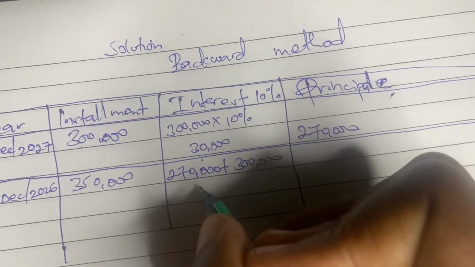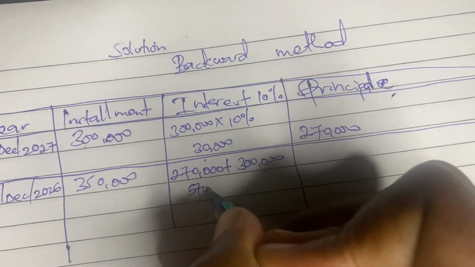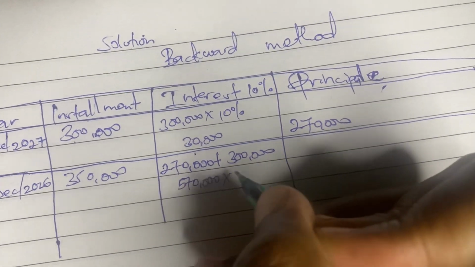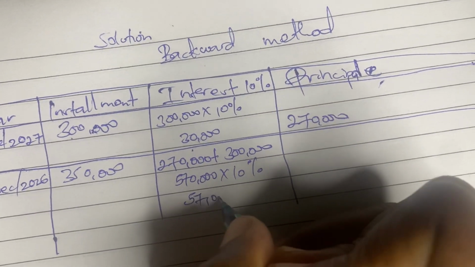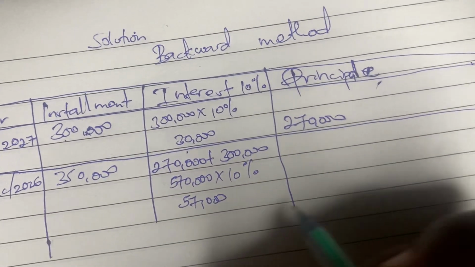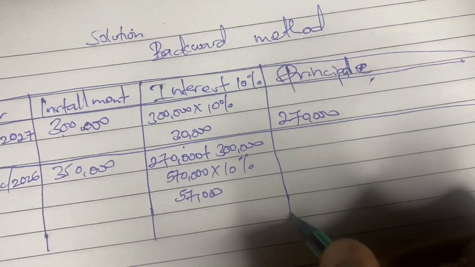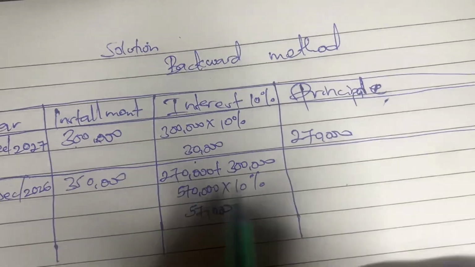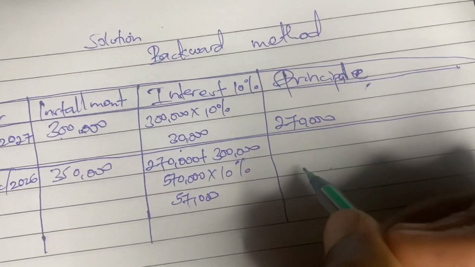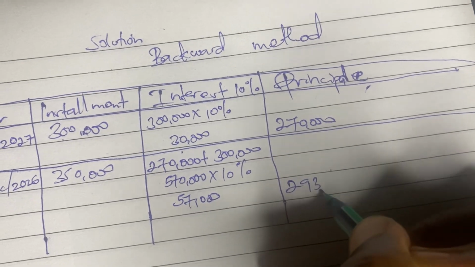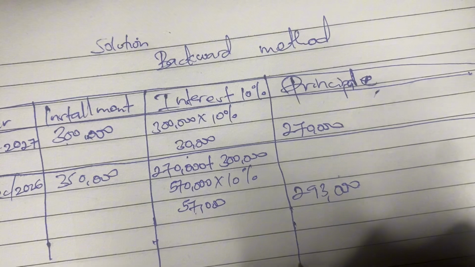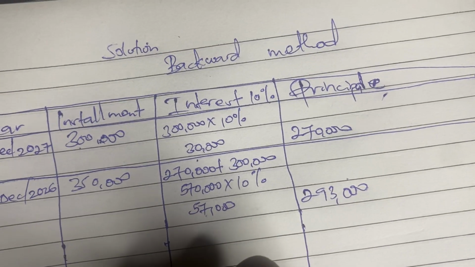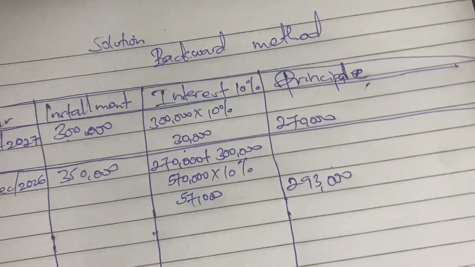What we get is 570, so times 10%, which is 57,000. That's the interest. How do we get the principal? This minus this, we get 293,000. Like that.